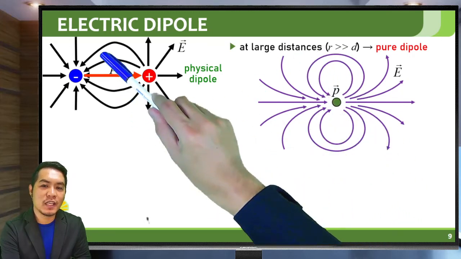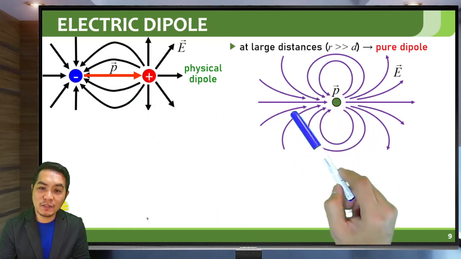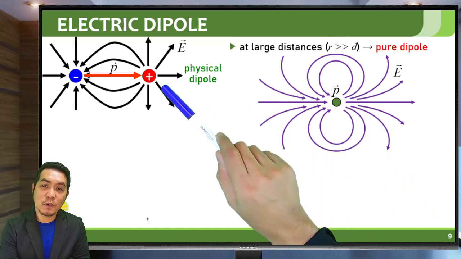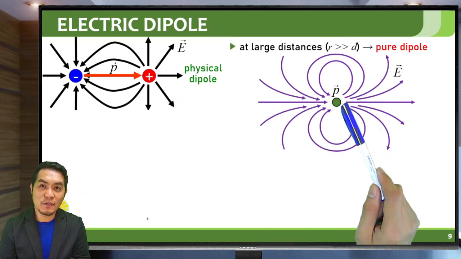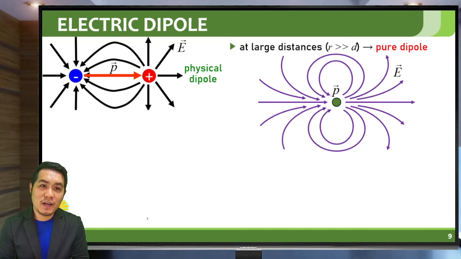So this is actually what the field of a physical dipole looks like when viewed from a very, very far distance.